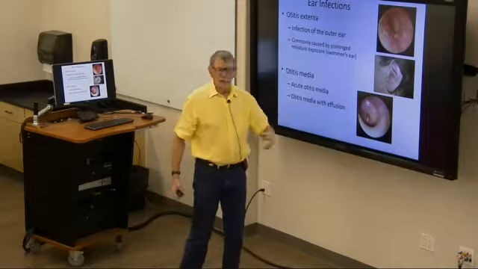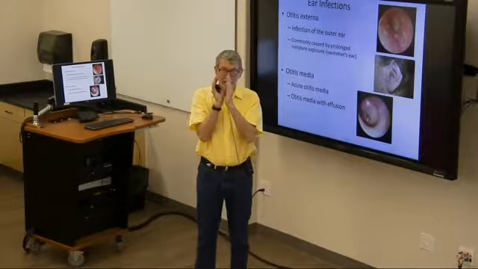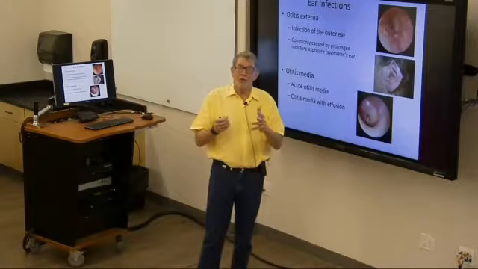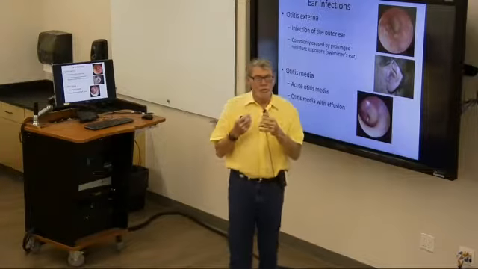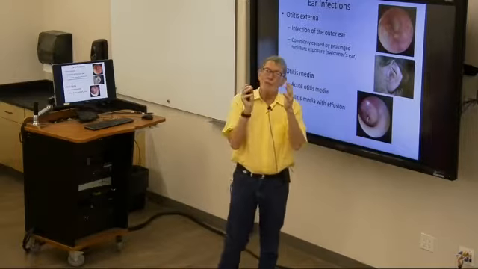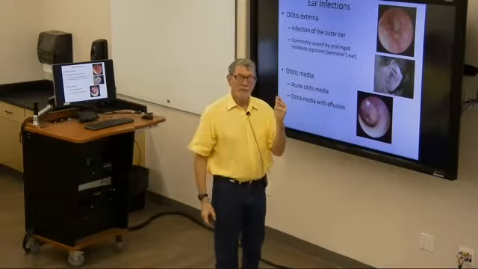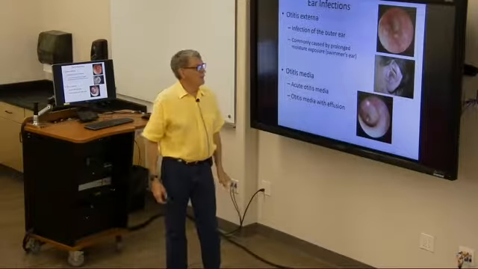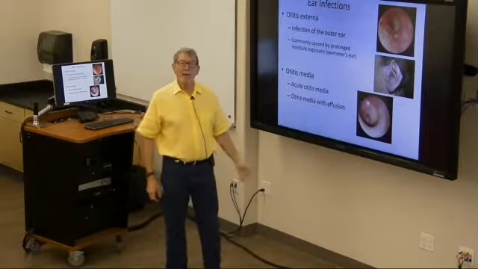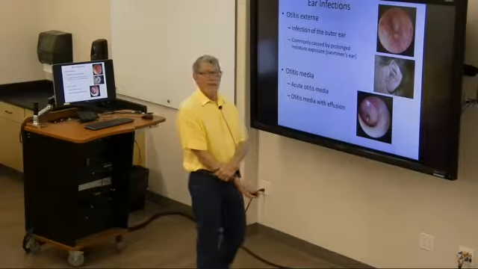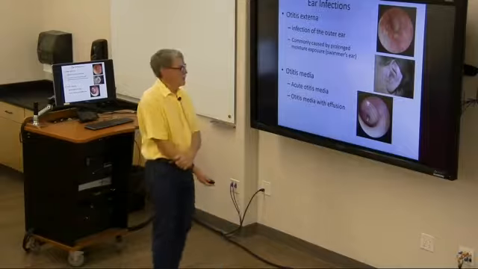Otitis media means it's actually in the middle ear, and especially with effusion, that means it's producing either pus or fluid, and the eardrum will bulge out because of the pressure inside. Ear infections can be really painful, usually treated with antiseptics and antibiotics, maybe antifungals if it's a fungal infection.